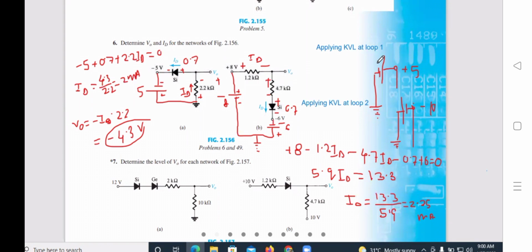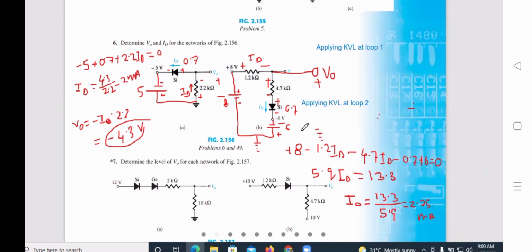Now what is VO? You have to calculate again. This is VO. VO means at this point, what is the voltage? That is VO. So between this point and ground, what is the voltage? That is VO.